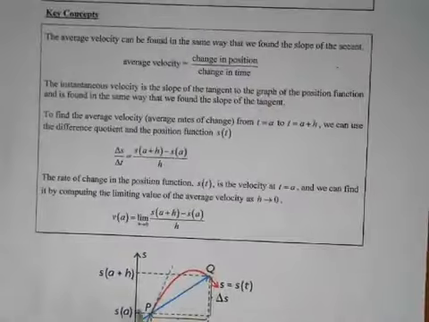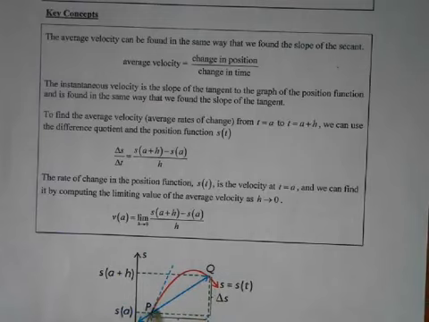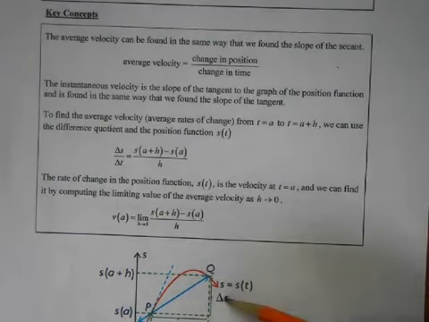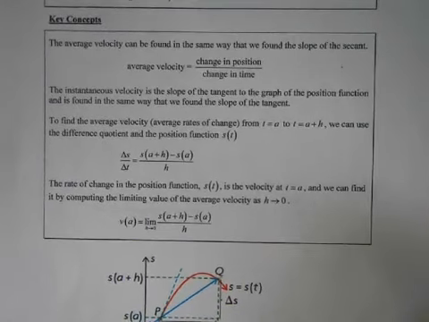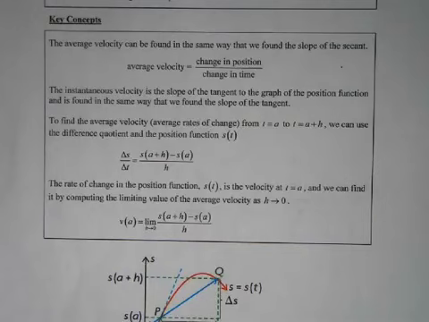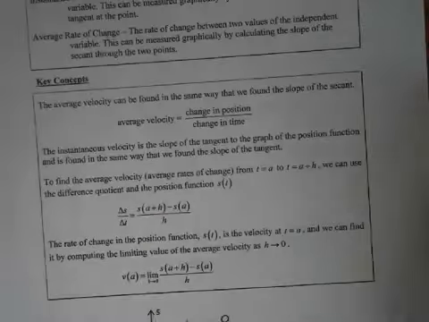So you can relate the average rate of change between P and Q to drawing a secant between P and Q and finding its slope. That would be delta S over H in this case. So it's bringing back some things we learned in advanced functions and looking at them from a calculus perspective.